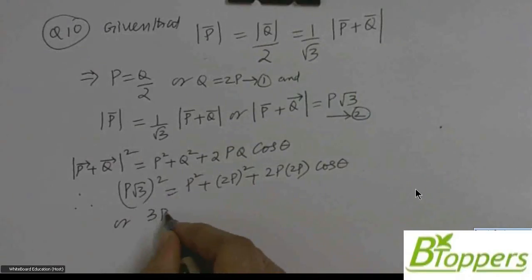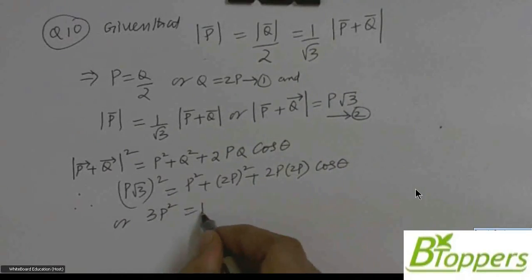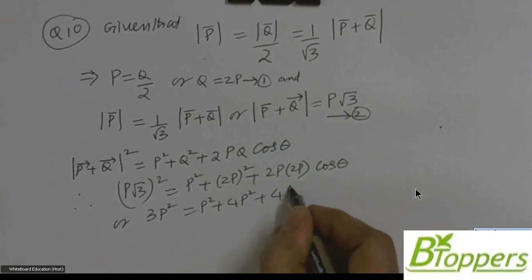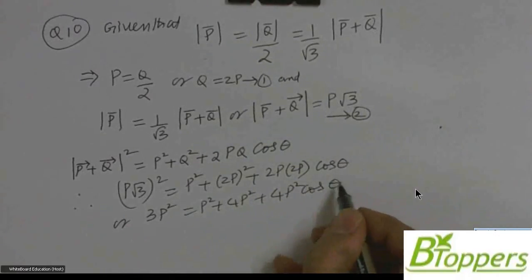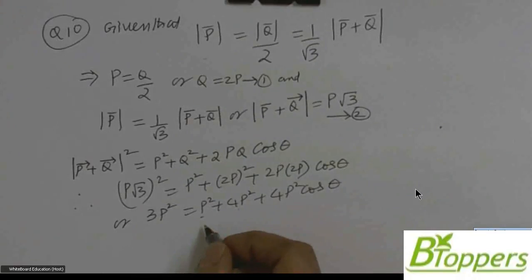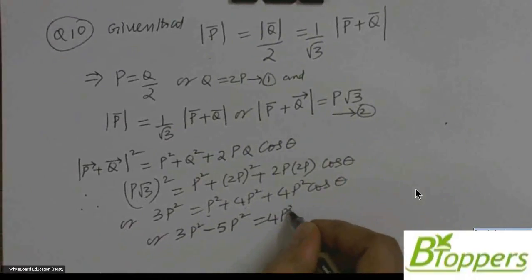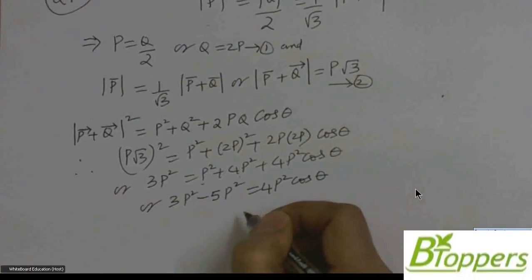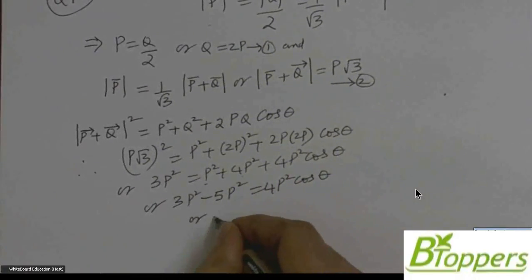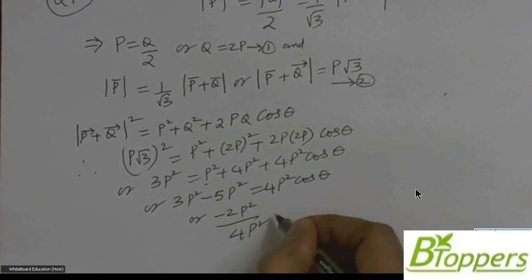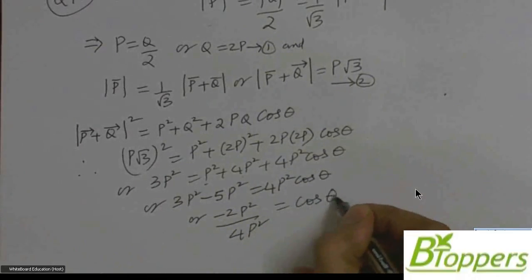So you get 3p square equal to p square plus 4p square plus 4p square cos theta. So p square plus 4p square will be 5p square. You can carry it to the left hand side. So from this you get minus 2p square by 4p square equal to cos theta.